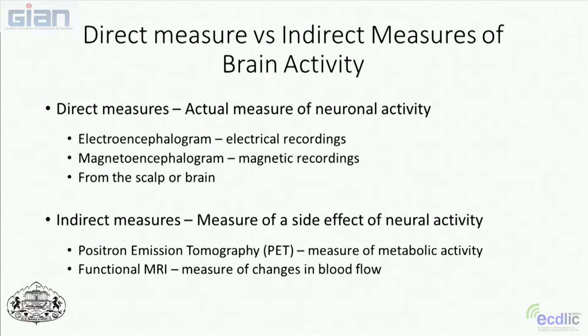When we talk about functional methods, we want to make the distinction between direct measures of brain activity versus indirect measures of brain activity. Direct measures are actual measures of the neuronal activity, or we think that they're direct measures of the neuronal activity.